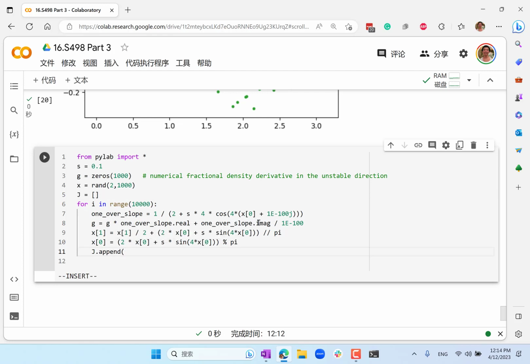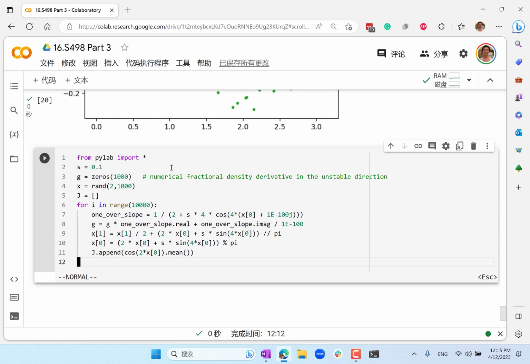Again, we are going to be using the same cosine of 2 times x0 as our objective function for now, dot mean, so I'm averaging this, right? I want to look at the sensitivity of that objective function to a small change in the parameter pi.